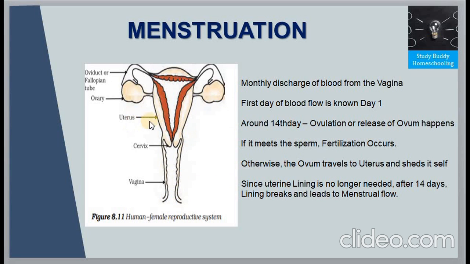So this cycle continues. If a female has to get pregnant, her window is very narrow, which means she can conceive only from the 14th to 16th day of her periods. This process of breaking of the uterine lining and leading to blood flow is known as the menstrual flow.